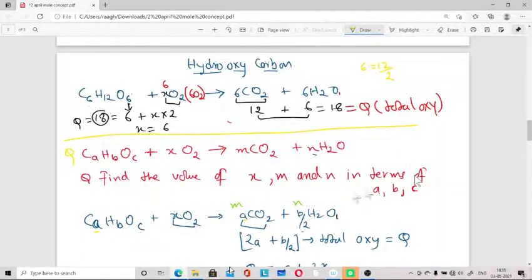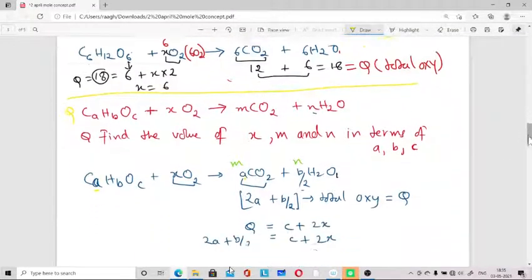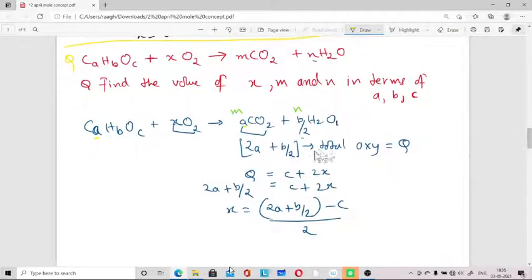Now what is X? You have to find X also. M is your a, N is your b by 2. So what is X? We calculated X earlier, and similarly we have to calculate X here. First you have to calculate the total oxygen, that is your Q. Total oxygen on the product side is 2a from the CO2, and b by 2 into 1 remains b by 2 from the water.